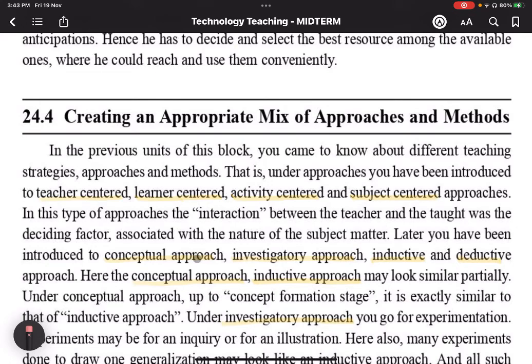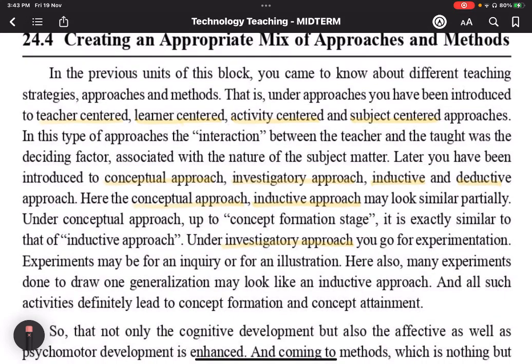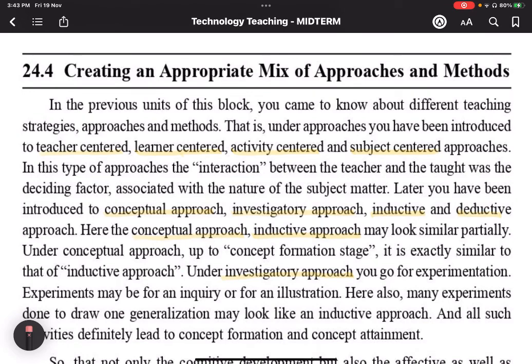Meron din tayong conceptual approach, investigatory approach, inductive and deductive. Subjectively, ikaw na yung pipili, na yung teacher na pipili kung anong approach. Pag minsan, minimix nila. Meron teacher na teacher-centered as well as learner-centered din. Minimix nila yung approach appropriately sa environment and then sa type of students na kanilang tinuturuan.